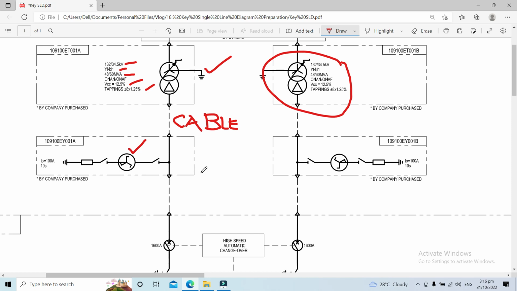The neutral formed by the zigzag connection is very stable. Therefore, this type of transformer lends itself very well to establishing a neutral for an ungrounded three-phase system. Our three-phase system here is ungrounded, so that's the reason why we provided a zigzag transformer.